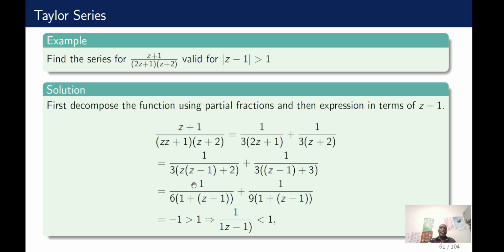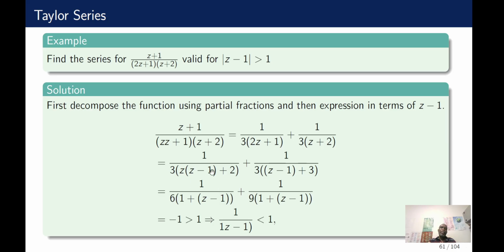So we've adjusted this so that it is in terms of z minus 1. It's just a matter of shifting by 1. If you subtract a 1, you just add it to the other. So here we subtracted a 1, so we add a 1 to this 2 so that it becomes 3.